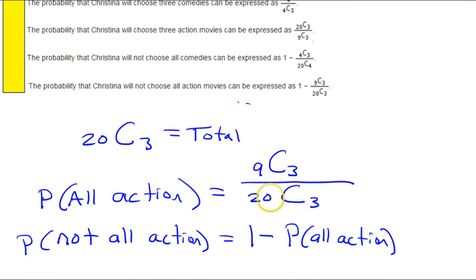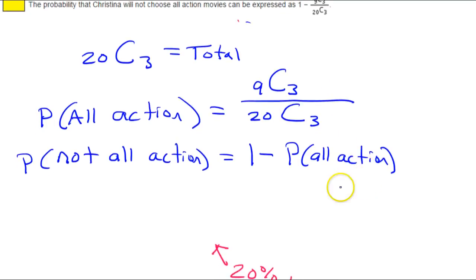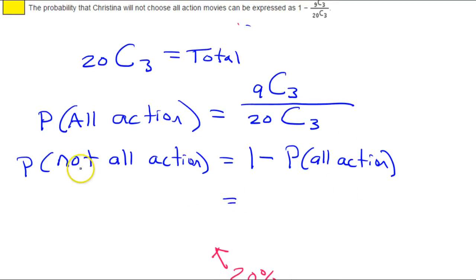This is the probability of all action movies, target over total: the number of ways you can go action divided by the total number of ways you can pick your 3 CDs. Now, the probability of not all action is going to be 1 minus this. So it should be 1 minus 9 choose 3 over 20 choose 3.